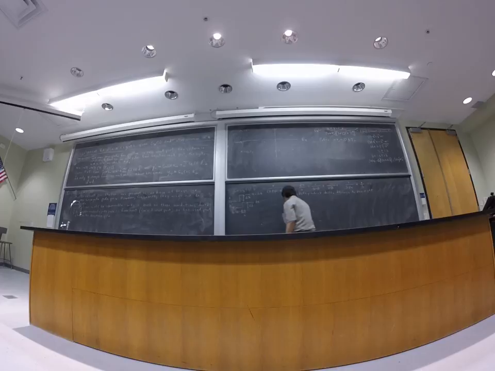Y prime of t will be something e to the p1 t plus something e to the p2 t and so on plus something e to the pn t, and from here will be plus something.